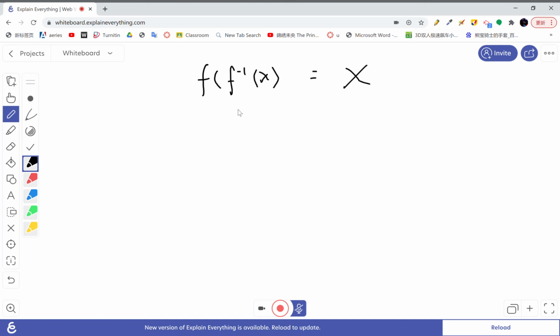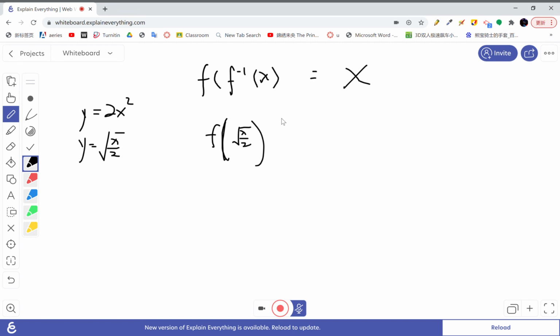Let's use the previous example: y equals 2x squared and y equals the square root of x over 2. So this is basically just f of the square root of x over 2.